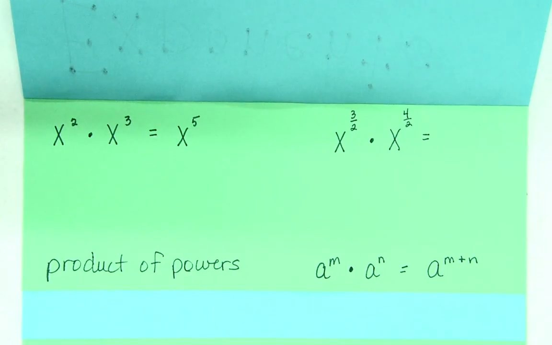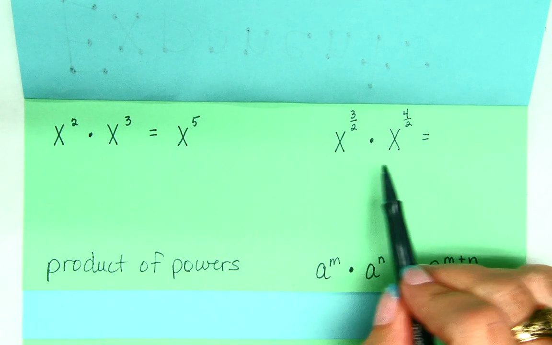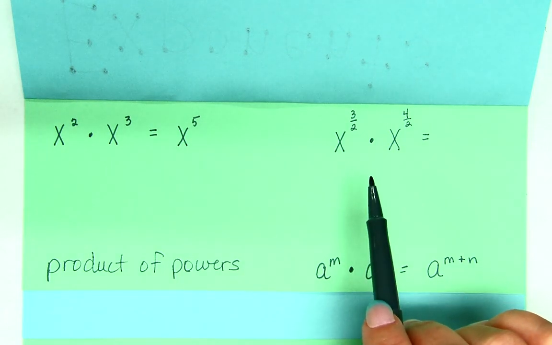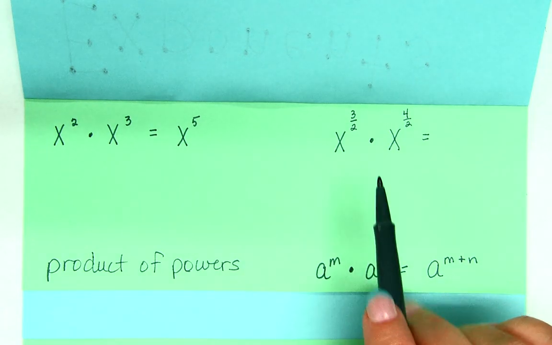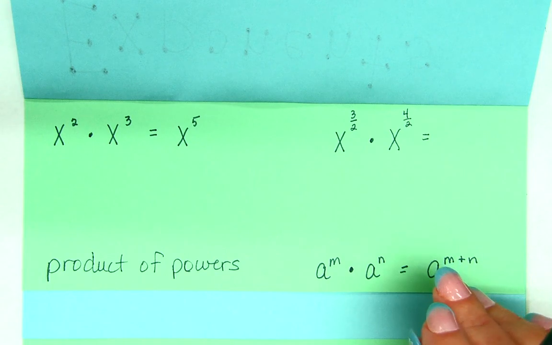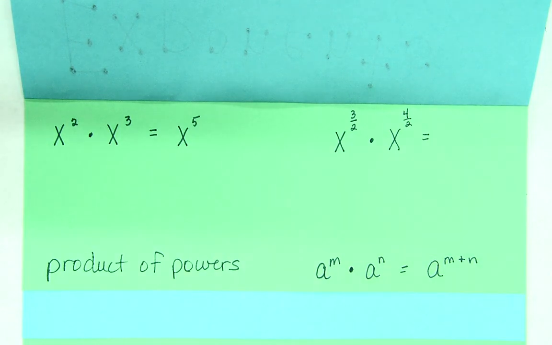X to the 3 halves times x to the 4 halves. Is it any different when what we have are called rational exponents? Are the exponent rules still the same? Yes. What do I mean by rational exponents? Rational is another word for what? Have you ever seen that word before?